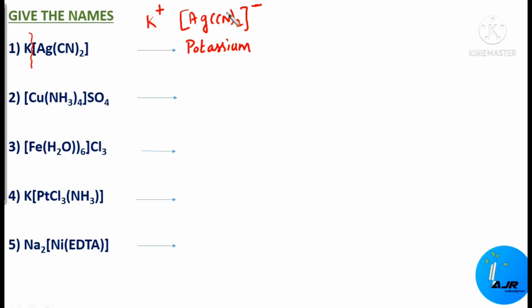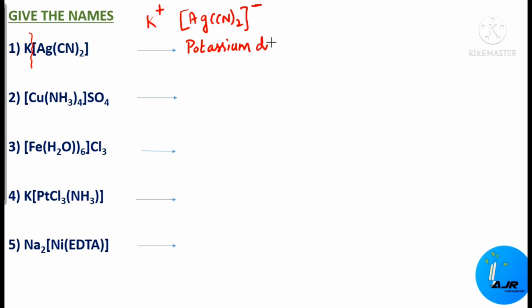Next one is the next complex. This complex is a negative complex, or an anionic complex. In an anionic complex, what's the rule we have seen? The number and the name of the ligand should be written first, and then comes the central metal atom, and the central metal atom also should be added with the letters ate at the end, and finally we should give the oxidation number of the central metal atom.